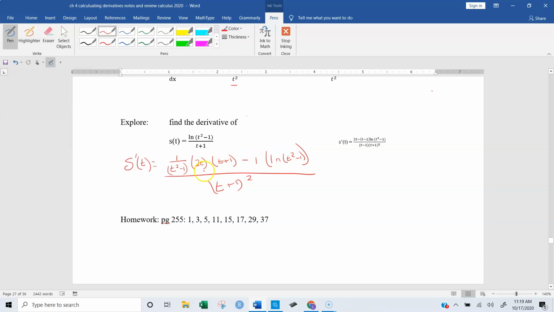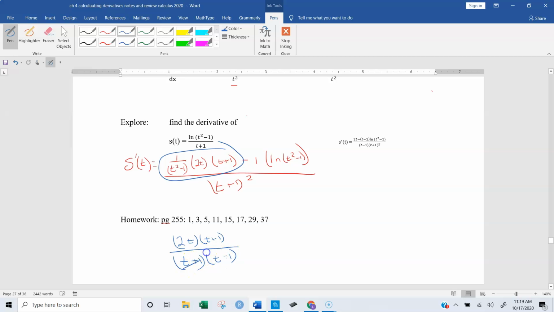All right, when you're looking at this, hoping you're recognizing a few things. So we've got t squared minus 1 down here. So let's work with this guy right here. All right, we know that t squared minus 1 is really, I'm going to put the 2t in the numerator. So I got 2t in the numerator, t plus 1 in the numerator, but t squared minus 1 is t plus 1 times t minus 1.